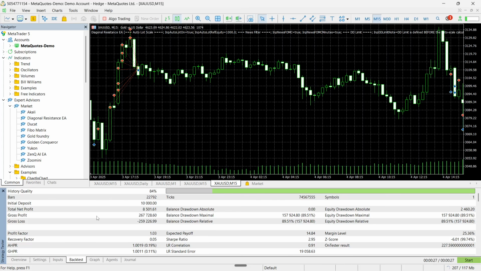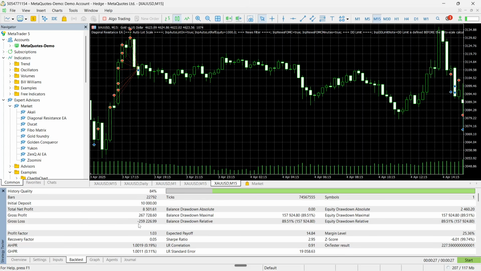As you can see, for the initial deposit of $10,000, the total net profit was $8,501. But then the thing to actually look out for is the gross profit and gross loss. Based on what we saw on our graph, you can see that reflected in our gross profit and gross loss. Even though the total net profit was just 8,501, the gross profit was actually $267,728.